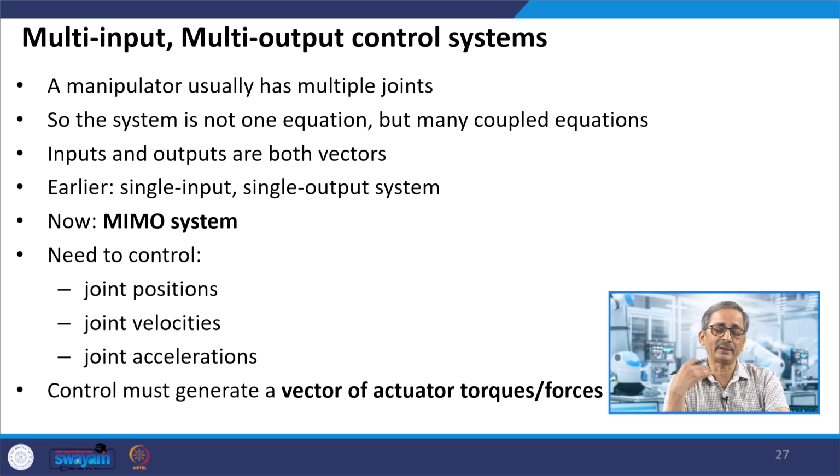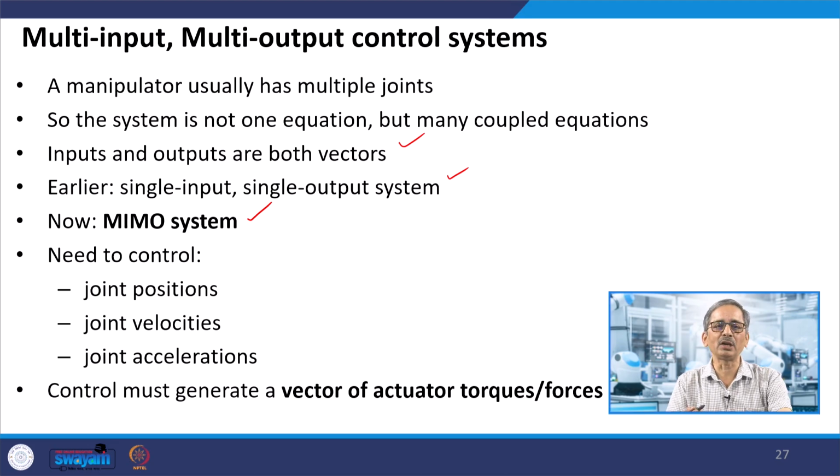But actual manipulator arms are going to have a number of degrees of freedom. So the system is not one equation in that case, but many coupled equations, and inputs and outputs are both vectors there. Earlier we had a single input single output system, but now we are going to have a multi input multi output system.